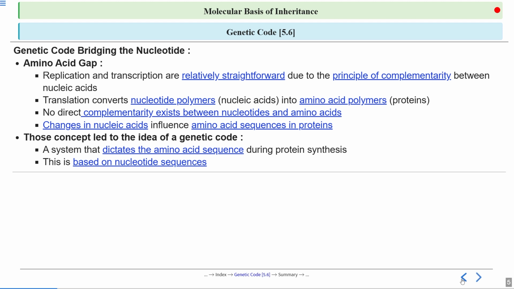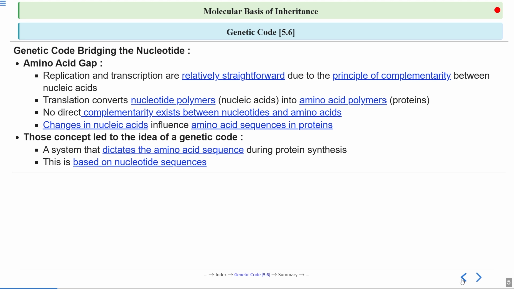Till now, what we got to know in this slide, the first slide of today's class, is that replication and transcription both follow the complementarity rule, that purines complement with pyrimidines. But at that time they didn't know how this complementarity exists between nucleotide and amino acid, like how a chain of nucleic acid is going to make amino acids. But they had definitely observed that if there are any changes in nucleic acid, it is going to influence what?